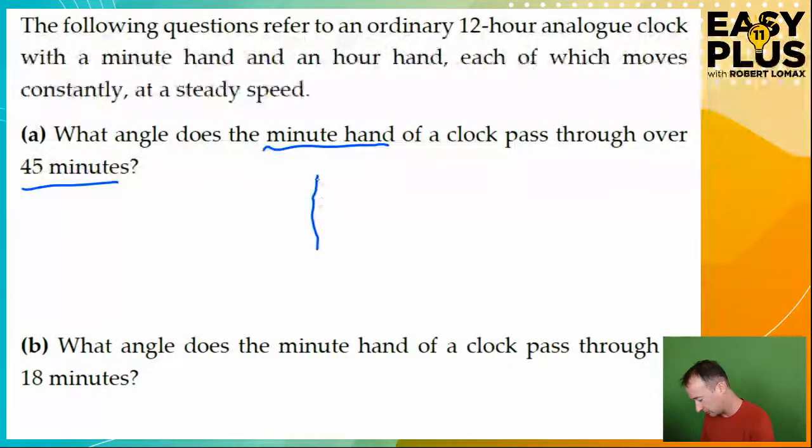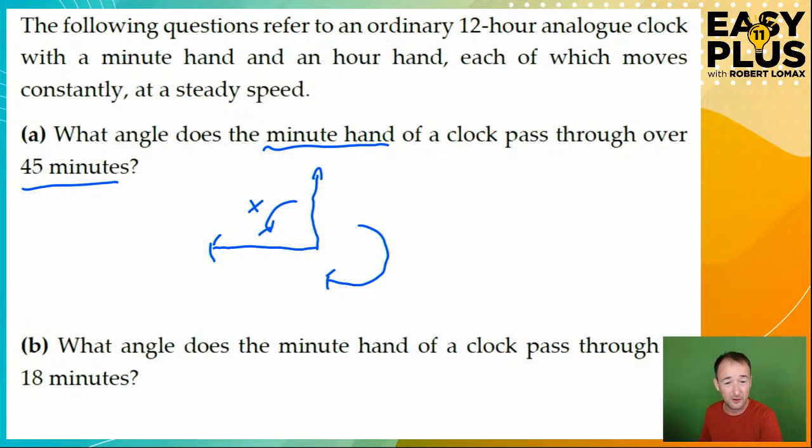You don't always need to draw a full clock when you do these things, but I do recommend always sketching. So that's where it starts. If we imagine it starts on the hour, and then it ends over here. So it goes around this angle, not this angle, because the clock isn't moving backwards. And it's good to draw in some lines to break this up.